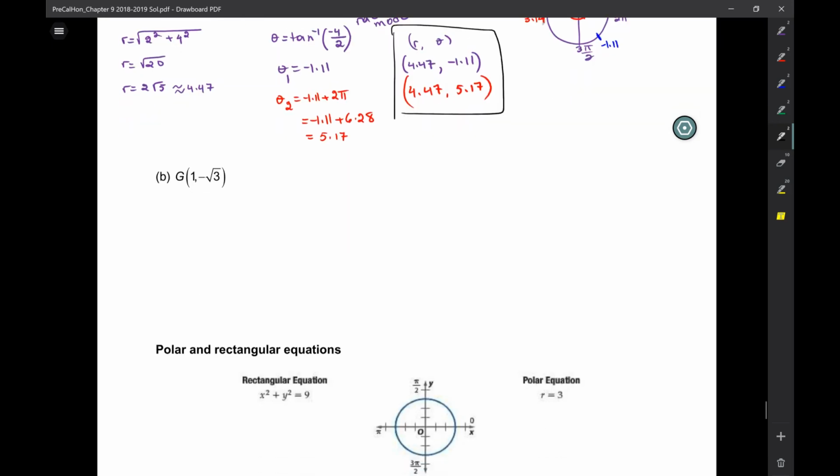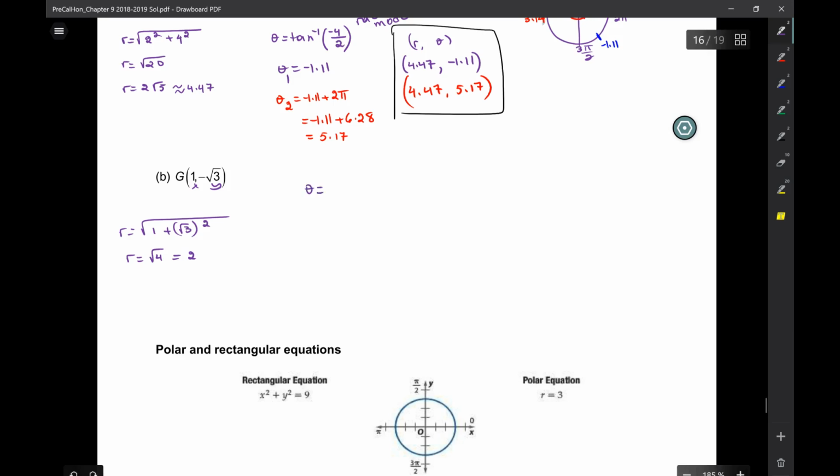All right, here's another one. Same situation. This is x and y, and I want r and theta. So again, my r is going to be the square root of 1 plus root 3 squared. How much is that? Root 4, which is 2, because it's root 3 squared.